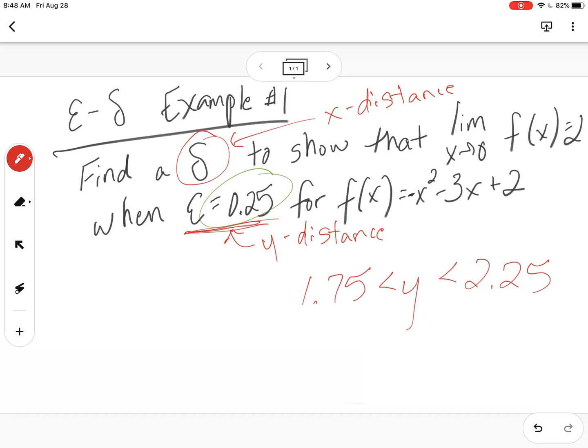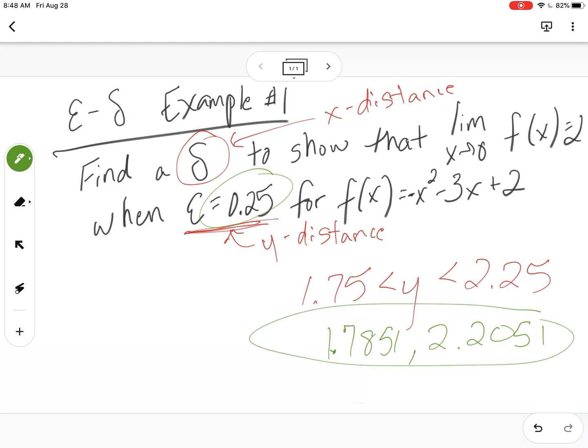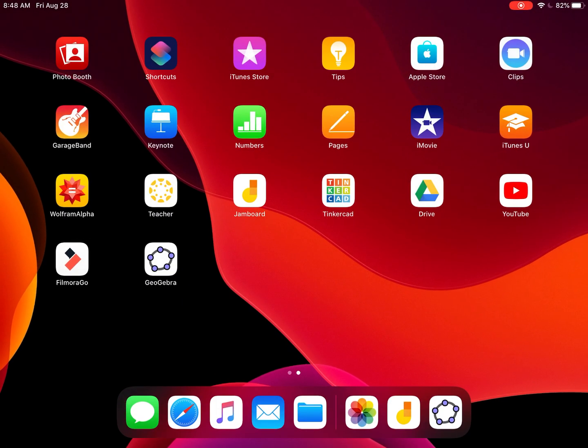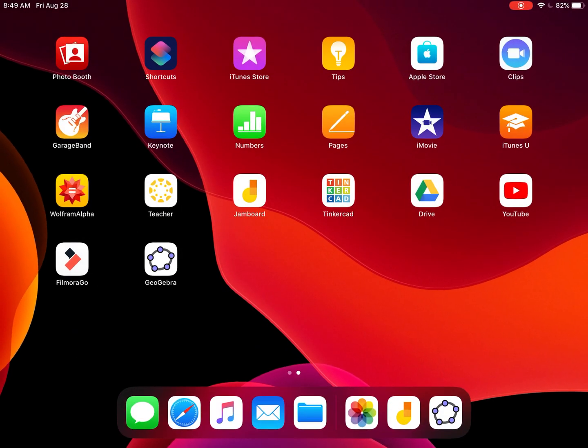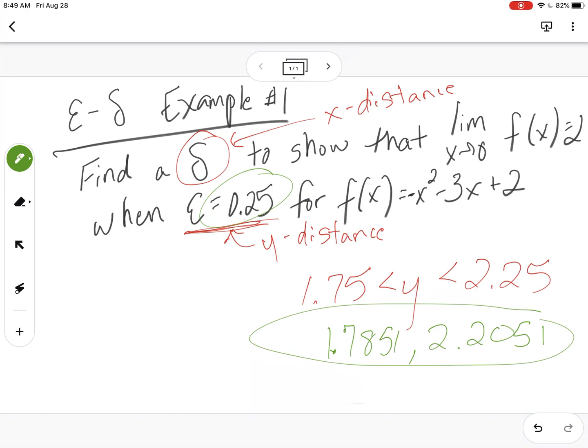Since I got 1.7851 and I got 2.2051, I'm happy. These are within this region, and going back to the graph, it's always just going to stay in here. So a good solution here would be when delta is 0.07. That works in this case.